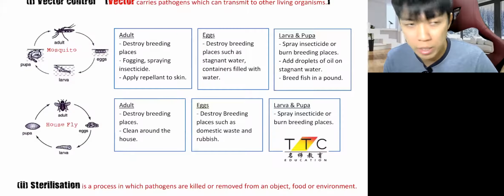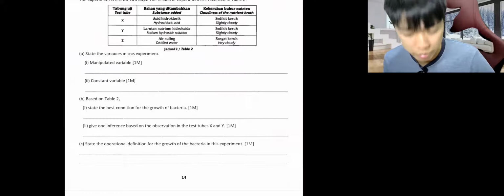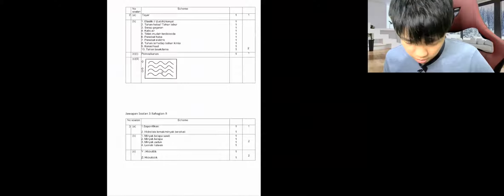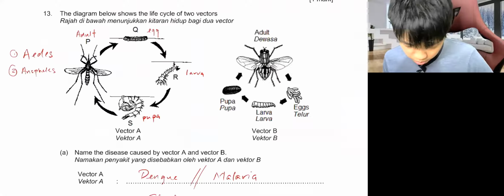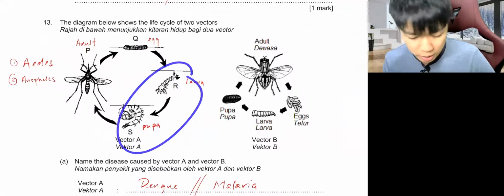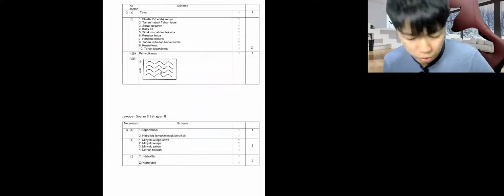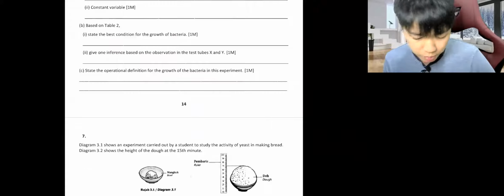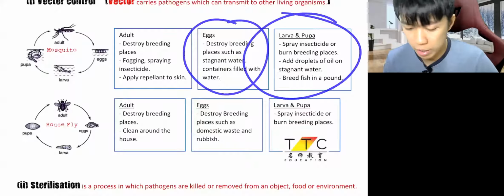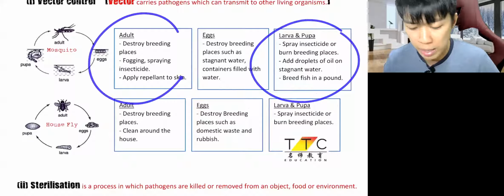And wait, let me see the next. I think the next question is also asking for it. Yes, that one is in water. Okay, to answer, you choose here. Water, larva, and pupa, adult.